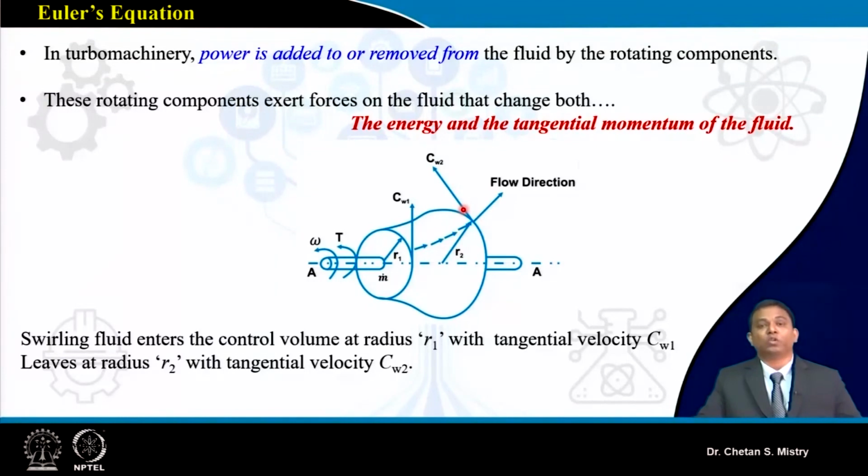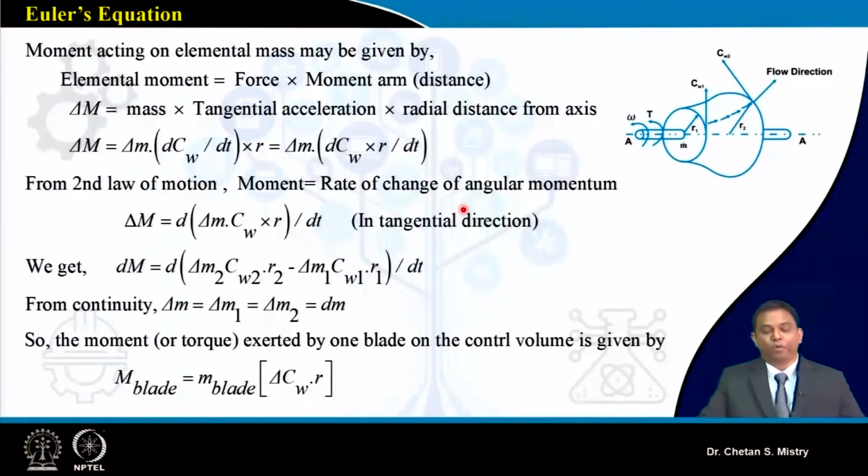Let me tell you, this Euler's equation is a very fundamental equation. It is equally applicable for both the cases, for your axial machine as well as for your radial machine.